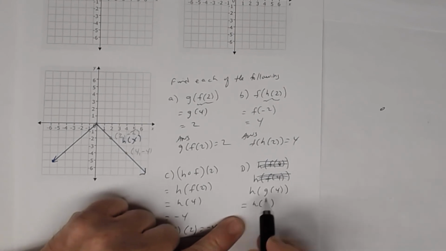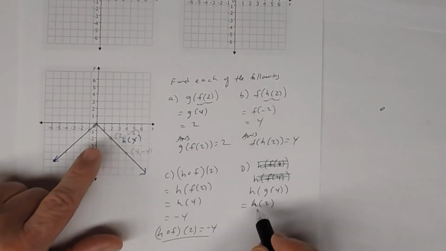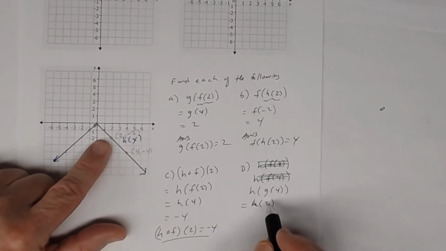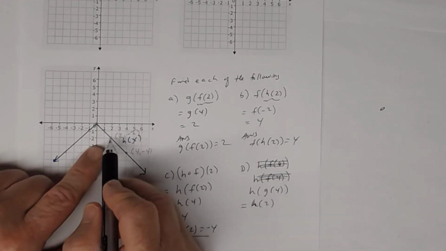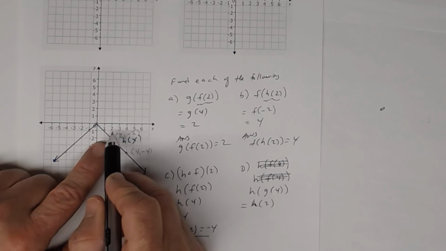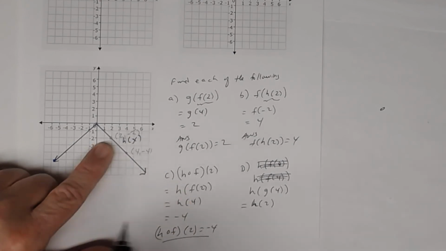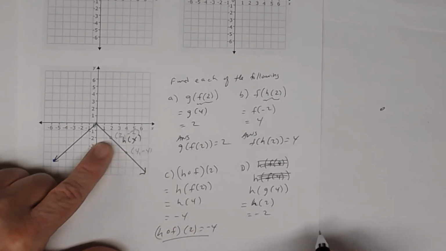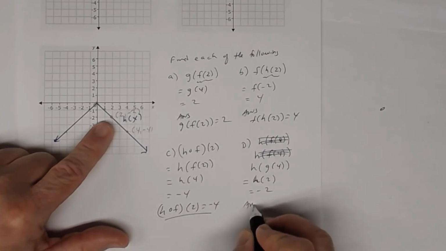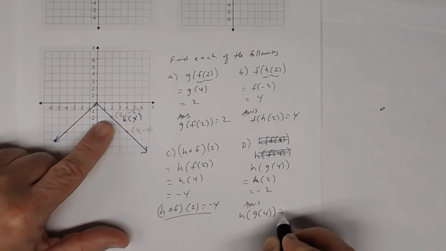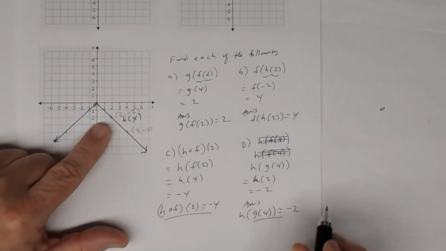Now go to my function h, which is this one here, and the question is what's the y value when x is 2? I already have that point labeled. When x is 2, that y value is negative 2. That becomes negative 2. And so therefore the answer, h of g of 4 is going to equal negative 2. All right?